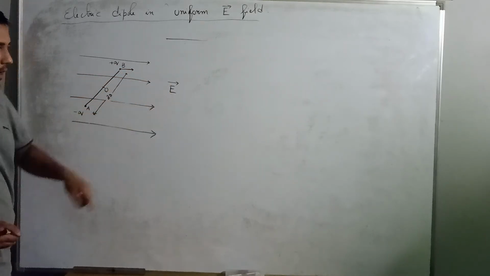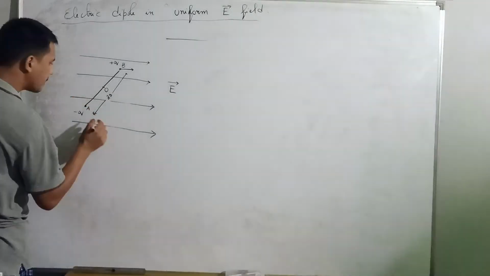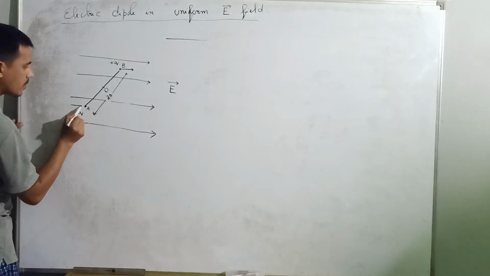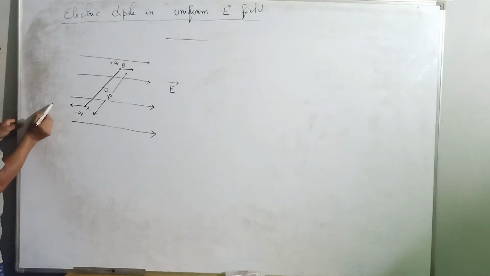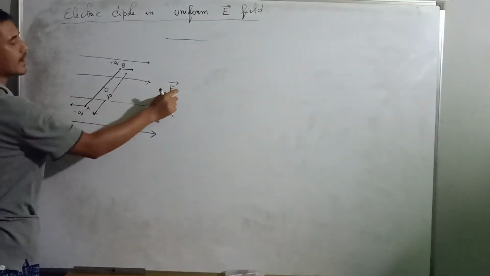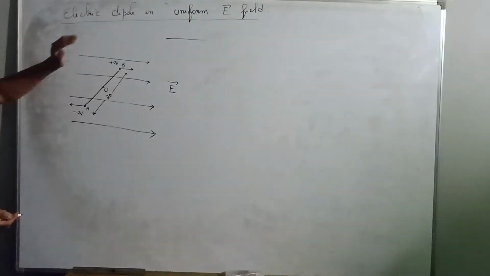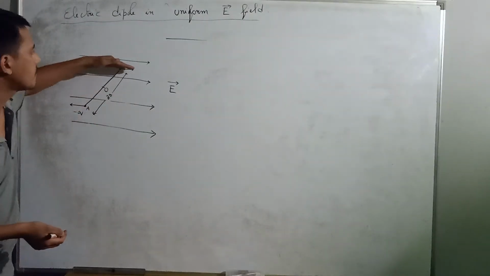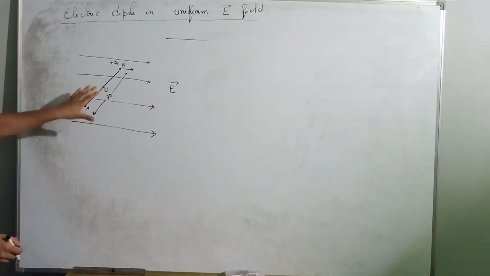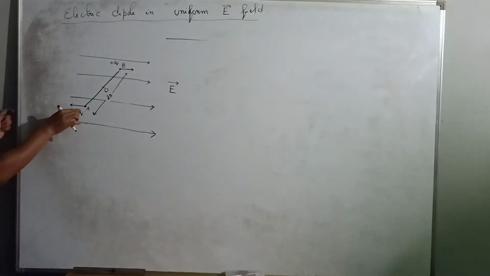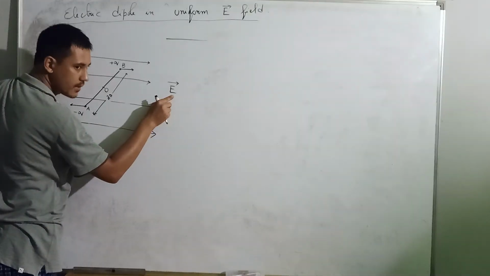And if you place a negative charge in a uniform electric field, it will go in a direction opposite to the direction of this field E. A positive charge in a uniform electric field will move in the direction of the given field, and a negative charge will move opposite to the given field.